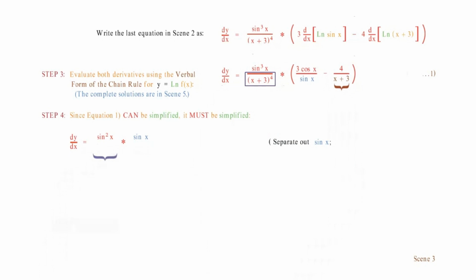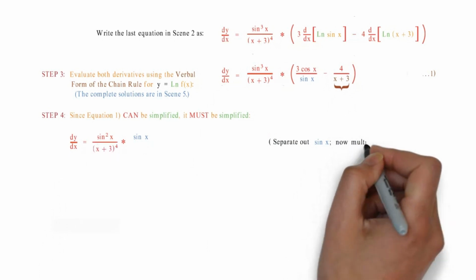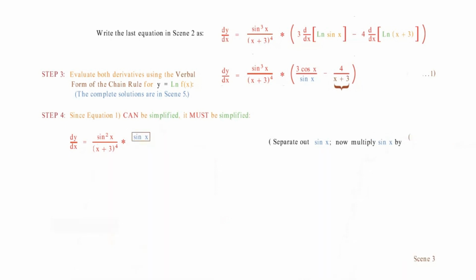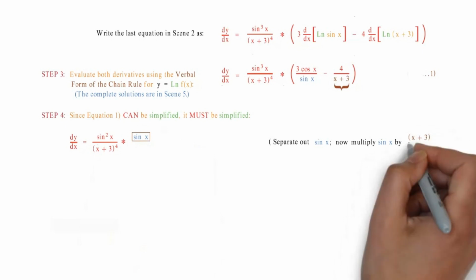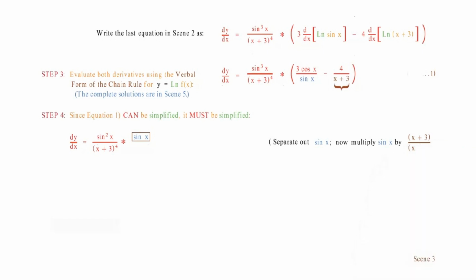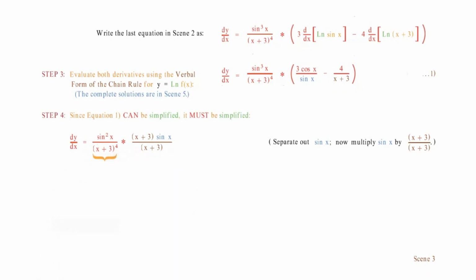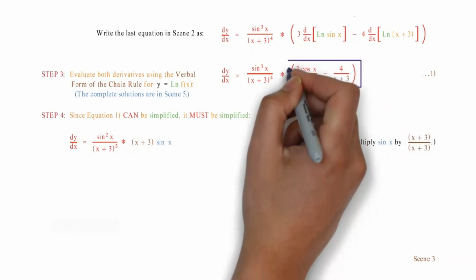Bring down. Now multiply sine of x by x plus 3 divided by x plus 3. x plus 3 to the fourth times x plus 3 is x plus 3 to the fifth. Bring this entire bracket down.